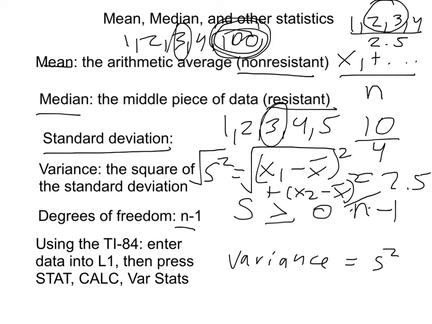I have a TI-84, and what I do is press stat, go to edit, put all of your data in L1, and then press stat again, go to calculate, and choose one variable statistics if you have one group of data. If you have two groups and need to compare, you can do two variable statistics, but usually for right now, what's pretty standard is just one variable statistics.